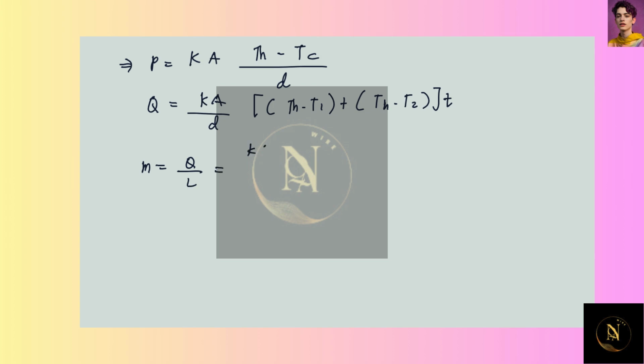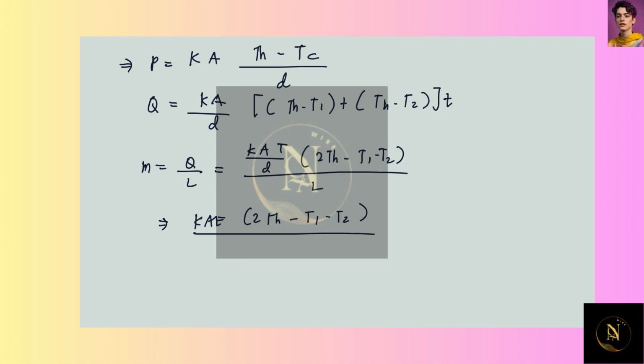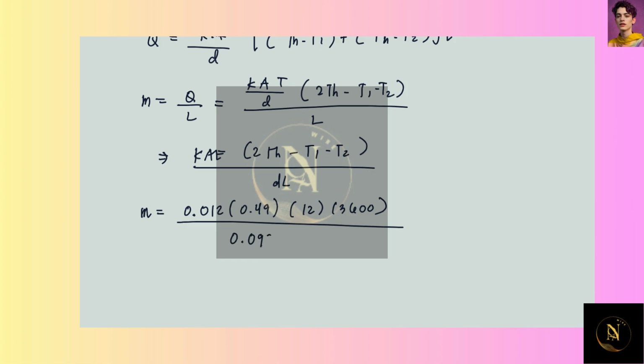Now simplifying the above equation, we have m is equal to Q divided by L, that would be equal to kAt divided by d, 2Th minus T1 minus T2, divided by L. Substituting, we have m is equal to 0.012 times 0.49 times 12 times 3,600, divided by 0.045 times 2.05 times 10 raised to the power 5, times 2 times 37 minus 23 minus 16.